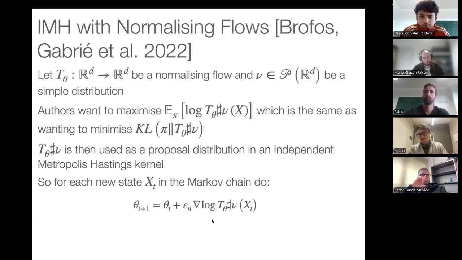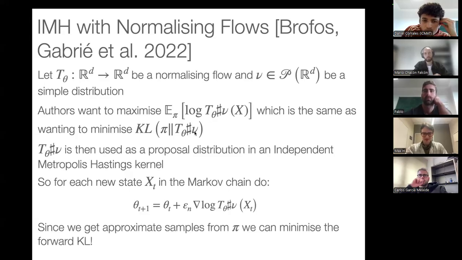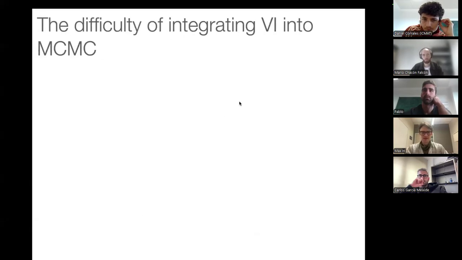So then you can do the ascent step where you take your parameter value theta and perturb it by the gradient of the thing within the expectation that you're attempting to maximize. Because x of t is sampled approximately according to pi, this gradient looks like an unbiased, or probably biased, version of a gradient of this expectation. And as I said before, since we get approximate samples from pi, we can minimize with respect to the forward KL now.